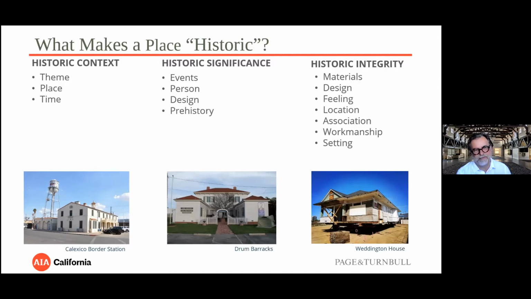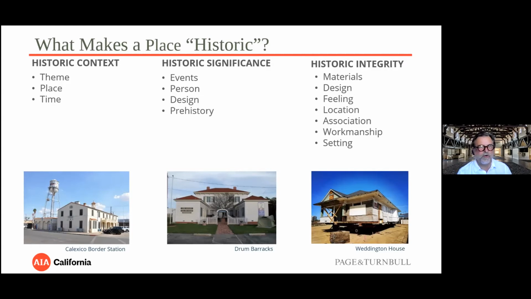If something is a historic airplane hangar, does it still feel like a historic airplane hangar? Locations, buildings move around a lot. I've been involved in relocating several buildings. So, is it still in its location, or does its current location have the appropriate relationships that the property was known for?